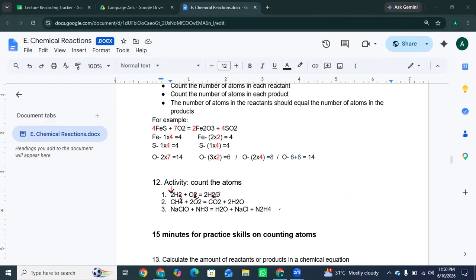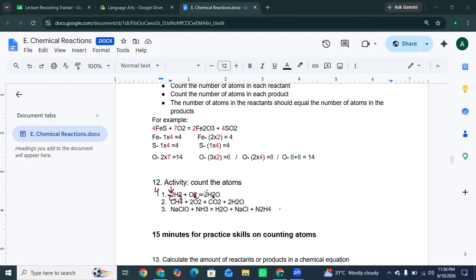On the left side, look at the hydrogen, which is H. 2 big plus 2 small. This coefficient is big and this is small. So you multiply 2 into 2, which is 4.